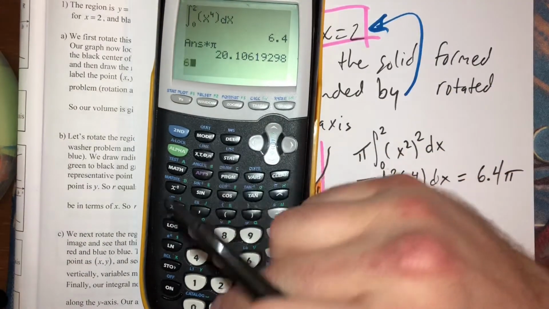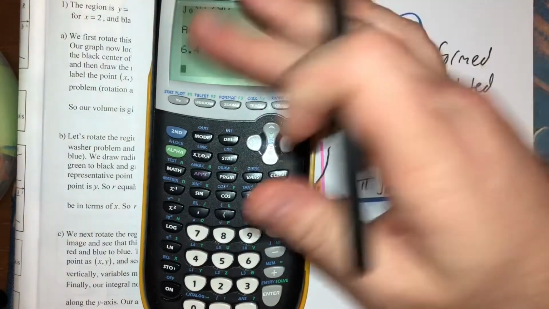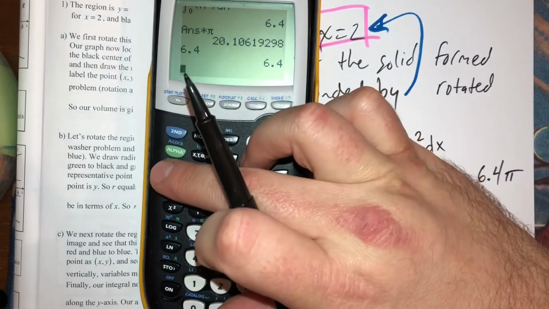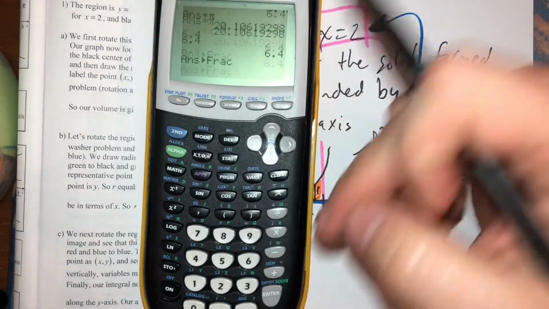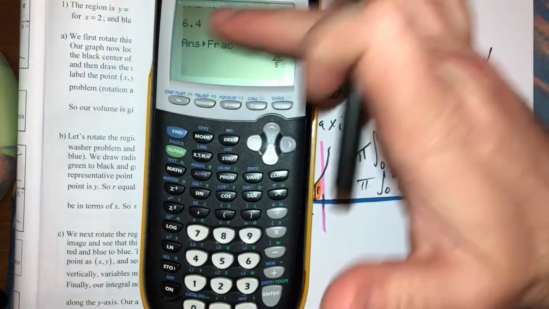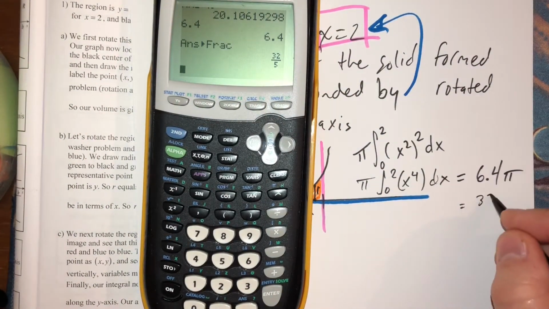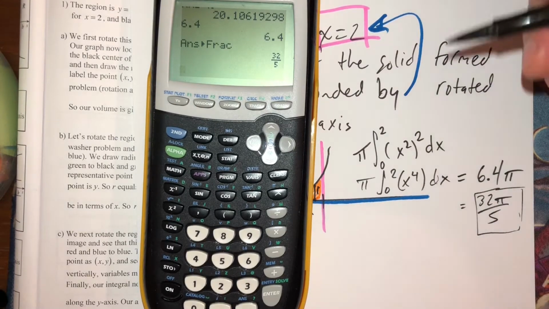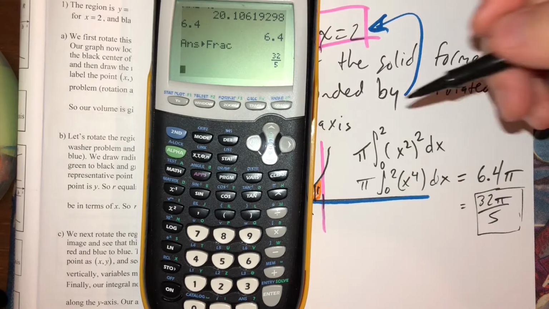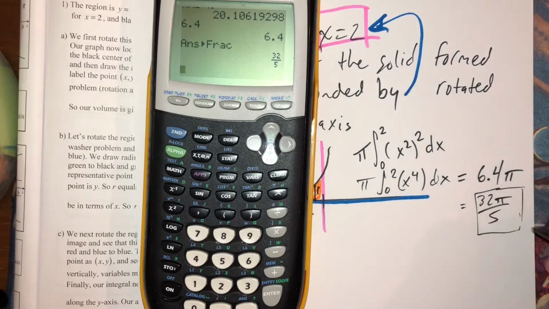If you want to turn 6.4 into a fraction, go to math, and that very first option there, you just click enter, it takes the answer, converts it to a fraction, boom, 32 over 5. So I could even say 32 pi over 5 if I want to be super fancy. I'm not given units here, but if I was, it's a volume. What's the units for volume? Units cubed, right?